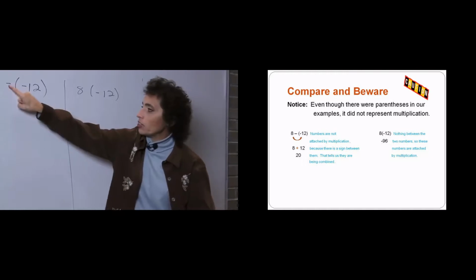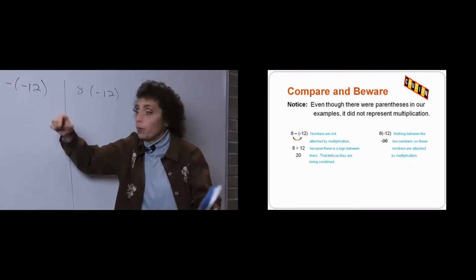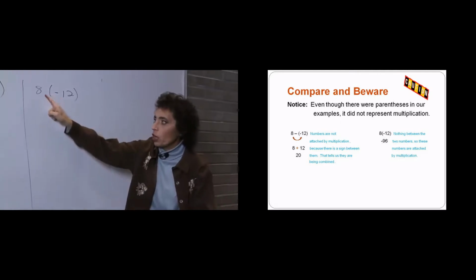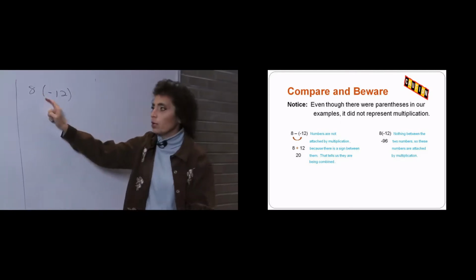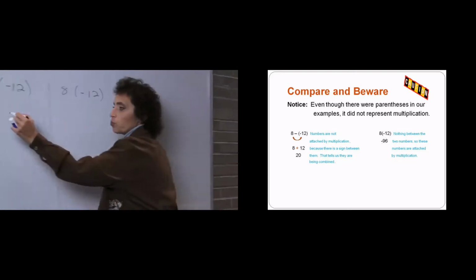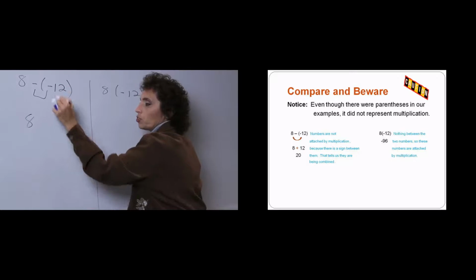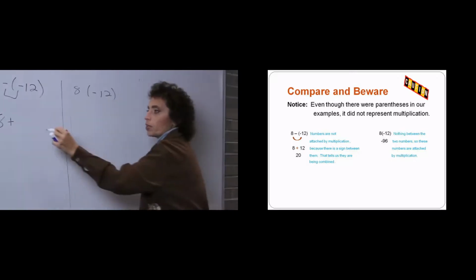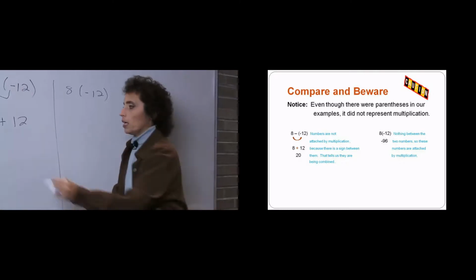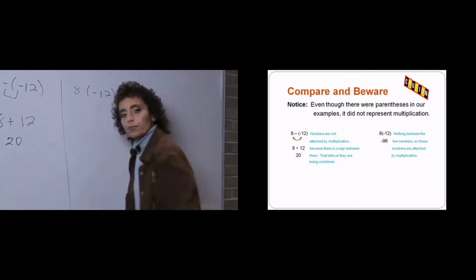This is actually attached here by this subtraction or negative sign. Doesn't matter, but it's not multiplication. This is attached by multiplication because there's no sign in between this and the parentheses. But there is a sign here between the number and the parentheses. So in this problem, the two signs change to 1. So we get 8 plus 12. And the reason it's a positive is because the signs are the same. And 8 plus 12 is 20.